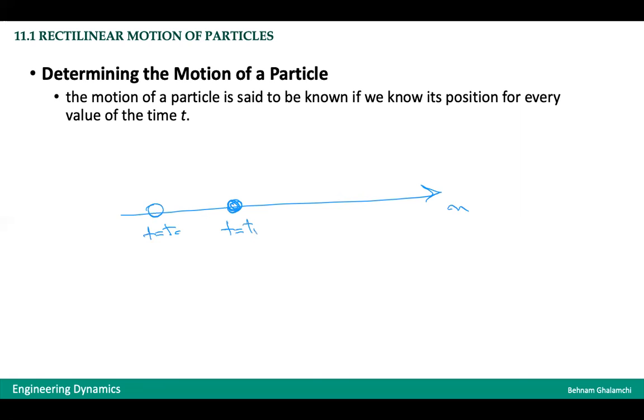It's here at t equal t1, it is here at t equal t2, it's here at t equal t3. So in continuous time, if we know the position of the particle, then we can say that this is checked. We know the motion of this particle.